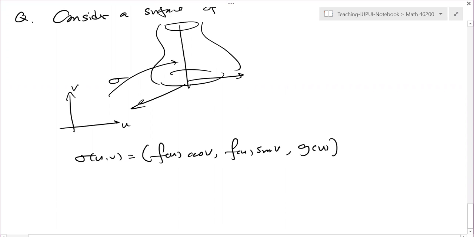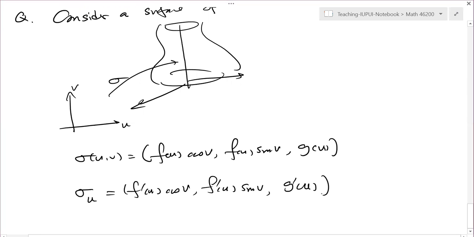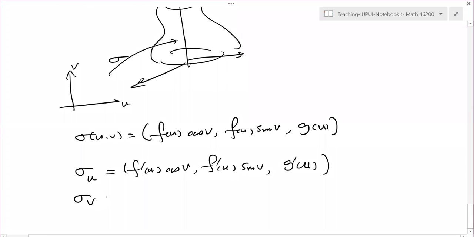All right. So using that, all you have to do is find the partial derivatives, sigma u, then sigma v.